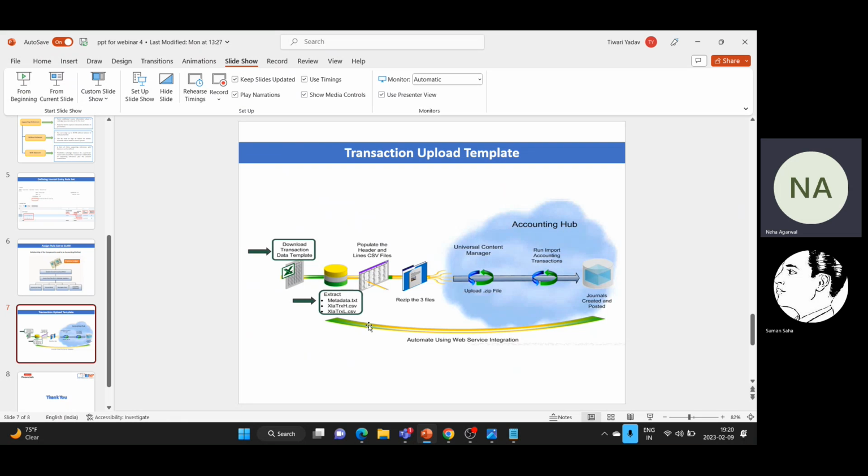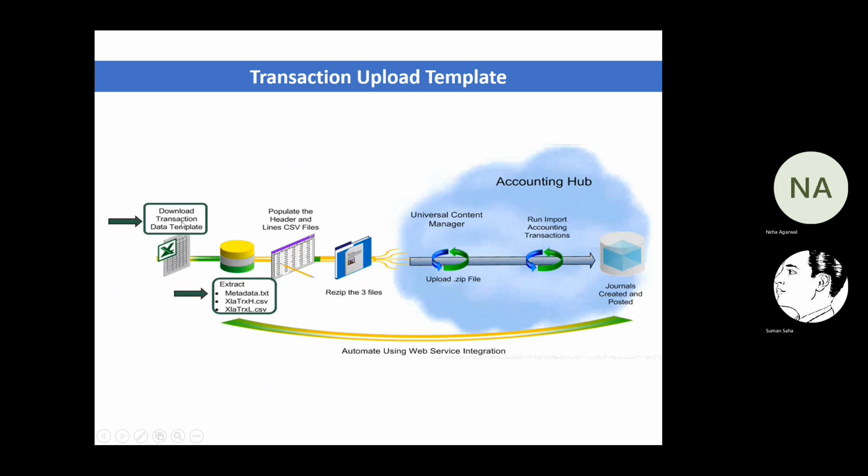To upload the transaction data manually, follow these sequential steps. Download the transaction data template using the Manage Subledger application task. So here, first we will download the transaction template.